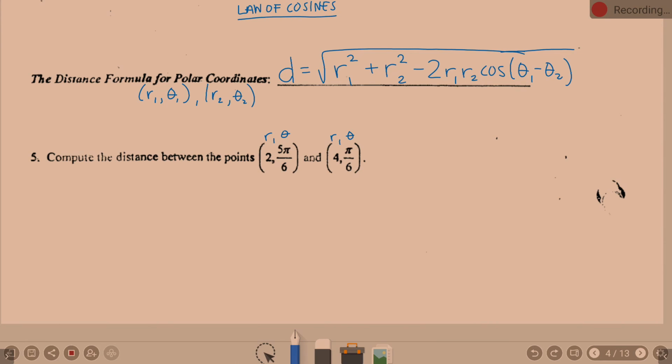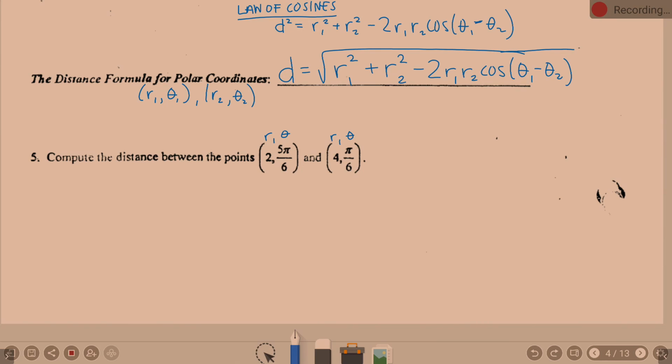It was A, B, and C. However, the law of cosines for this would be d squared equals r1 squared plus r2 squared minus 2 r1 r2 cosine of theta 1 minus theta 2. So that is where this distance formula comes from.